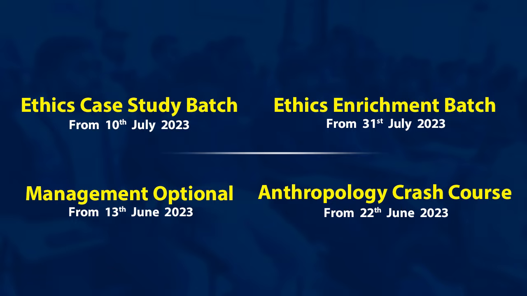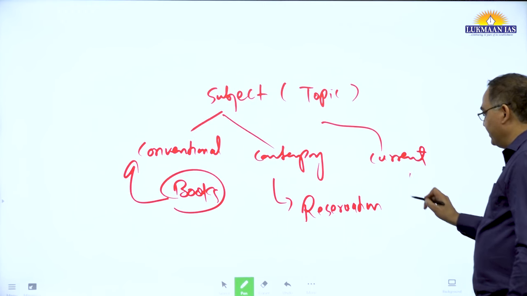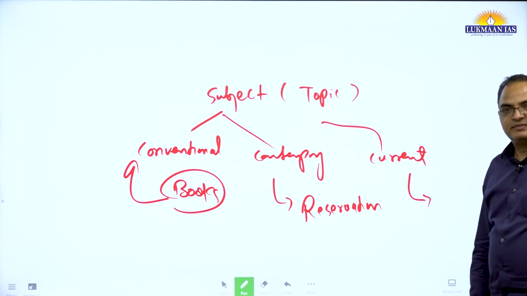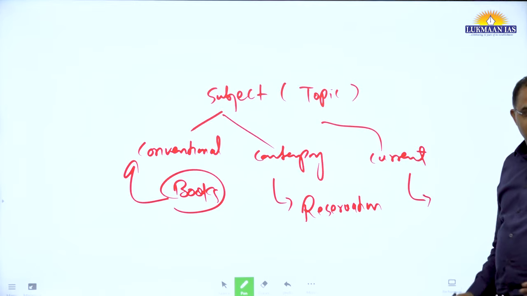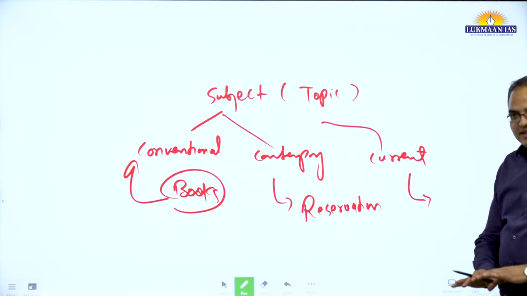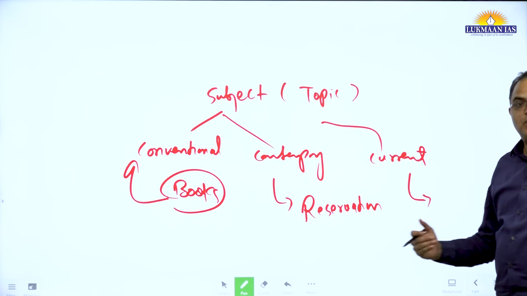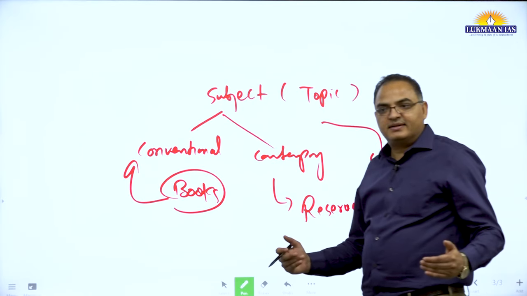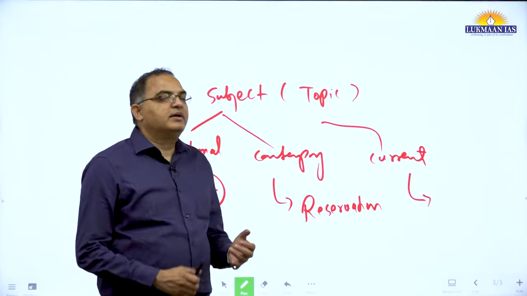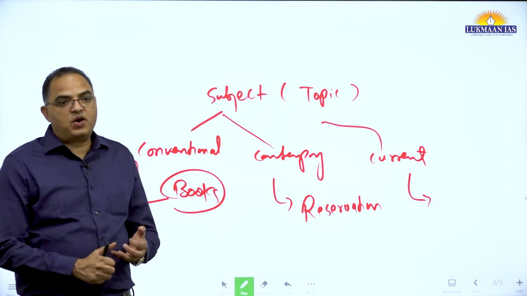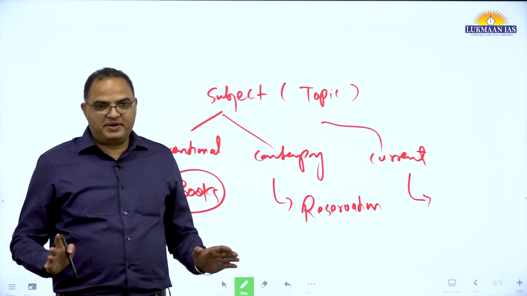Even if you know contemporary, you also have to know current. What is the status now? Many topics, till date, what is the status? So current also becomes important. That's why polity and economy become very dynamic.